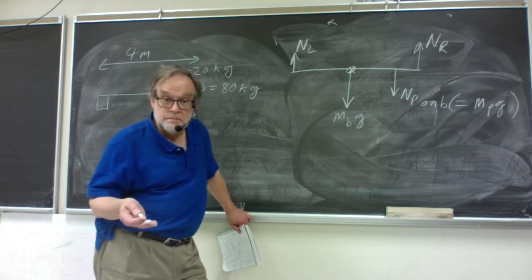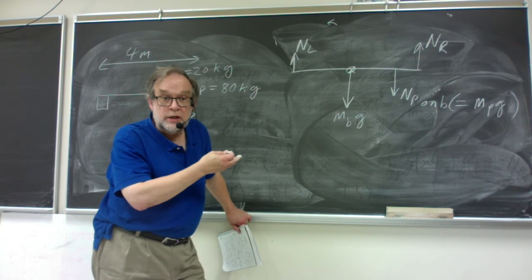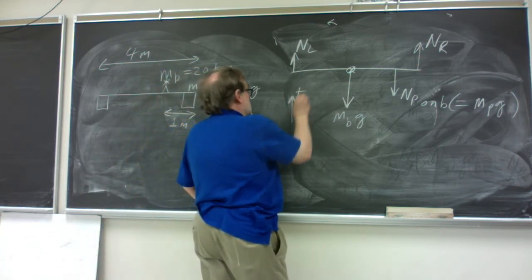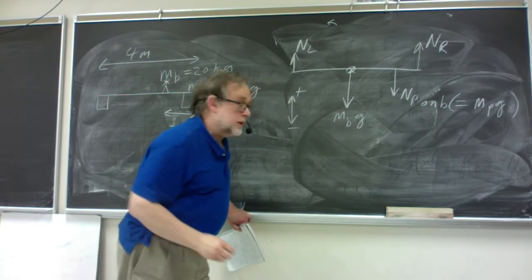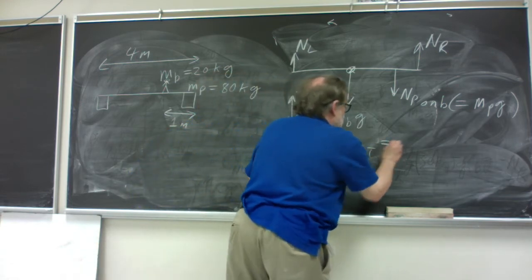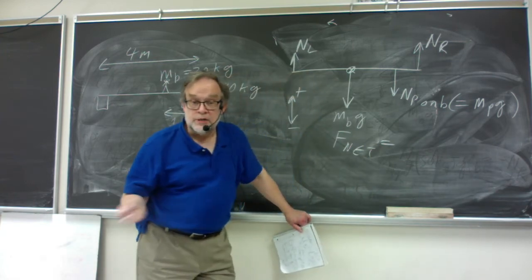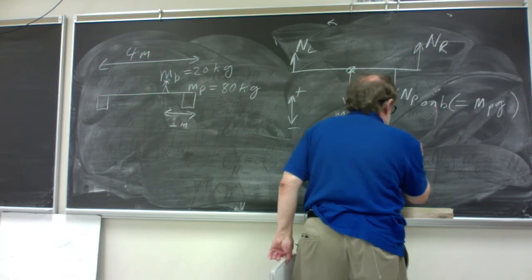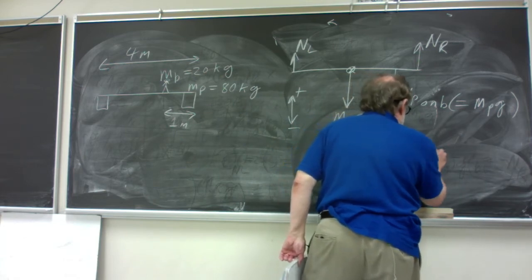Those are the forces, and we can write down the expression that shows how they combine to give you a net force. Since it's in equilibrium, we know that net force is 0. Again, we'll say up is the positive and down is the negative direction. So the net force is all the force in the positive direction, the 2 normal forces from the 2 blocks at the ends, NL plus NR.